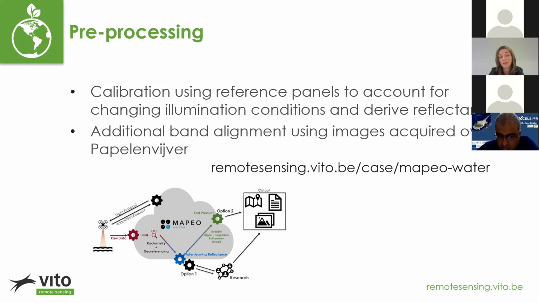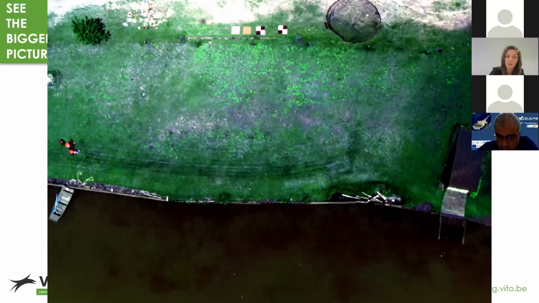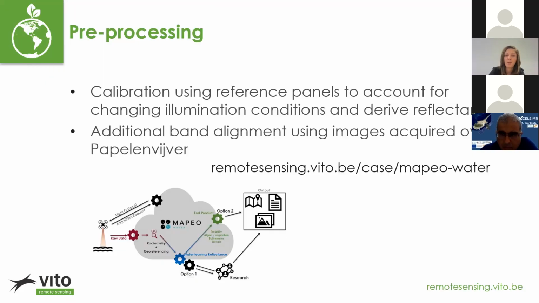The raw drone data can be uploaded and is transformed into reflectances. In this case, we used reference panels in the field. I think we can see them here. At the top, you see a white panel and also a gray panel, and those panels are used to account for changing illumination conditions and also to transform the raw data into reflectances.